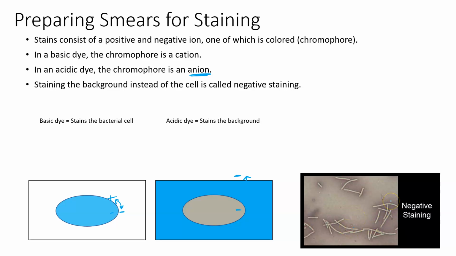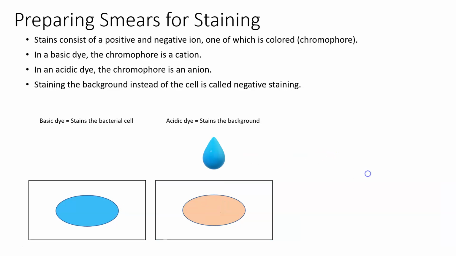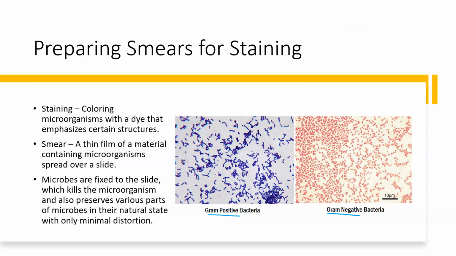In this particular image, you can see that negative staining allows us to see the shape of the bacterial cell really clearly. If we zoomed in, it would also allow us to see external structuring of the cell. Whereas in some of these previous pictures, you can clearly see that the background isn't stained, but the cells are stained.